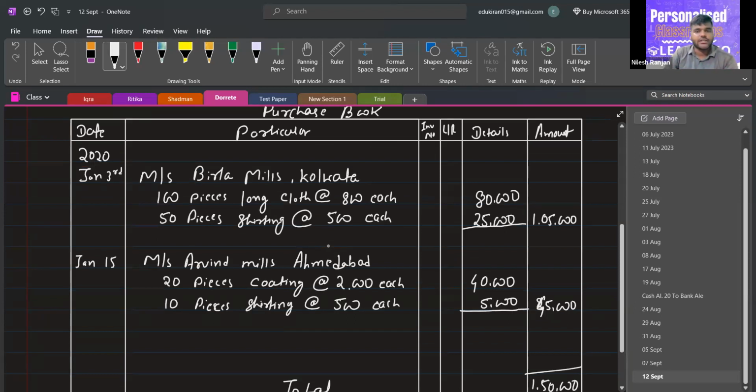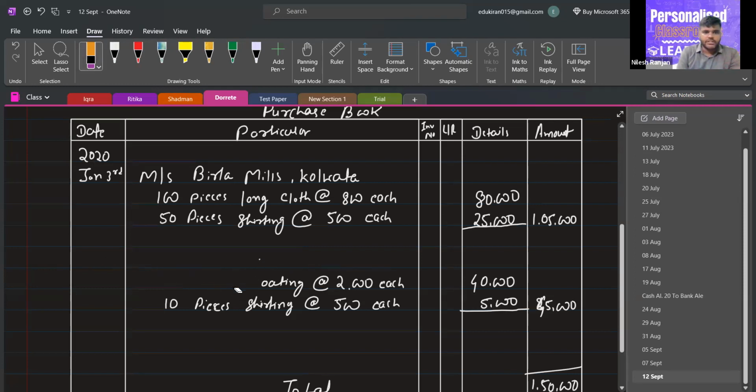Sometimes a portion is related to GST. And in some of the portion, there will be discount also.